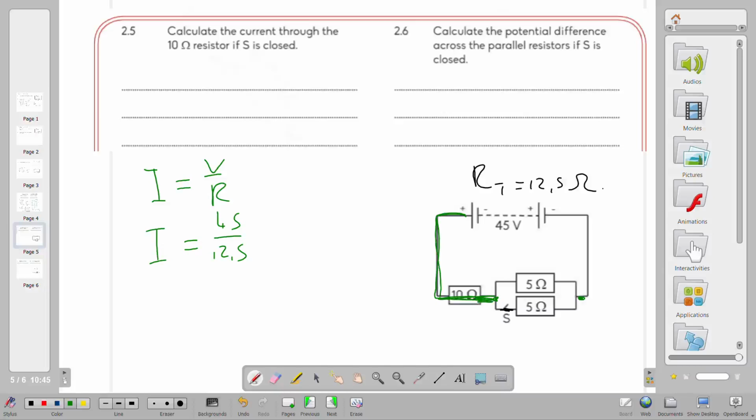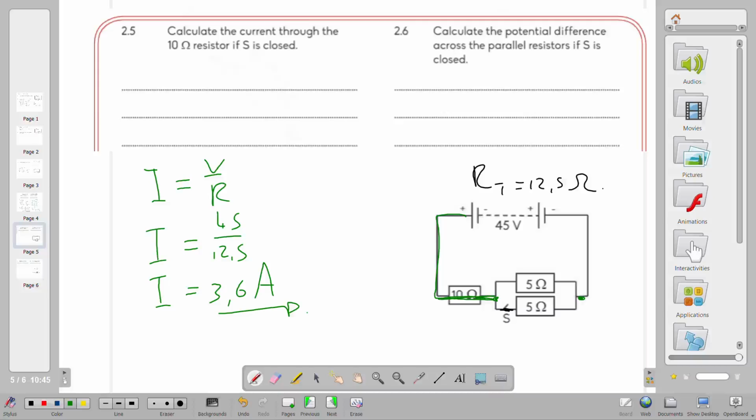I'm not concerned yet with the current in the smaller sections. So I'm using the current flowing through everything, and that's why I'm using everything's resistance. That gives me an answer of 3,6 amps. So what happened when I added a resistor in parallel? My current actually increased because the resistance decreased.